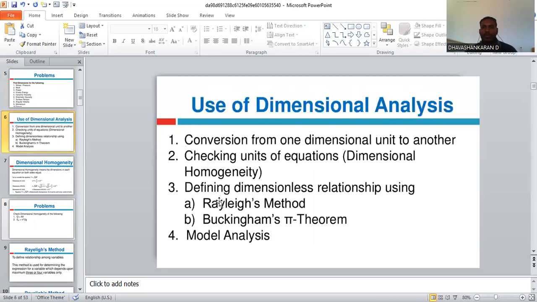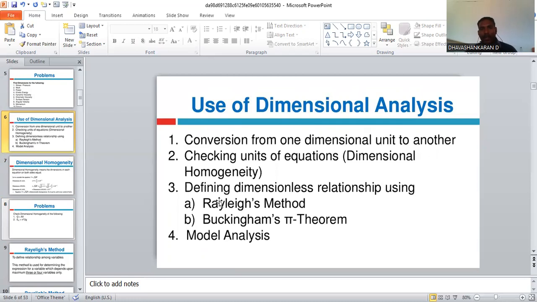Okay. So the use of dimensional analysis. What are the benefits we get from using dimensional analysis? First, conversion from one dimensional unit to another, like what we did in the previous slide. We have to do the same thing, the conversion from one dimensional unit to another dimensional unit.